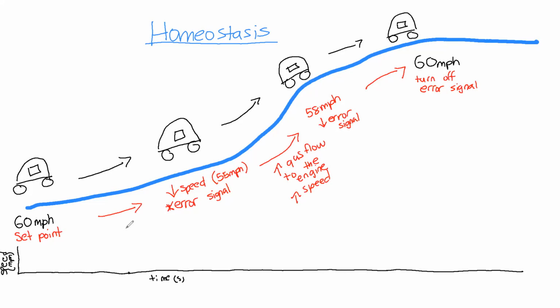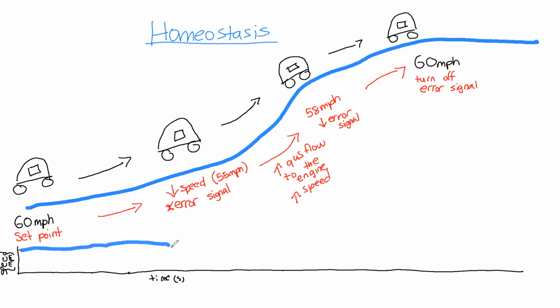And let's mark out our set point here on our graph. So that's where things are starting off. So that's about 60 miles per hour. And this is where we start off. So this is our set point.